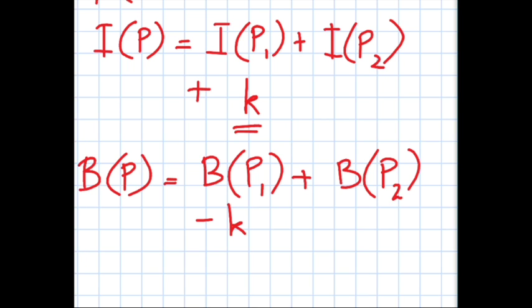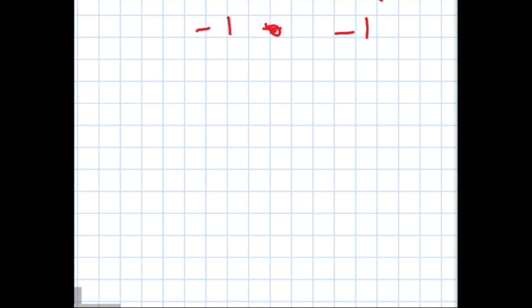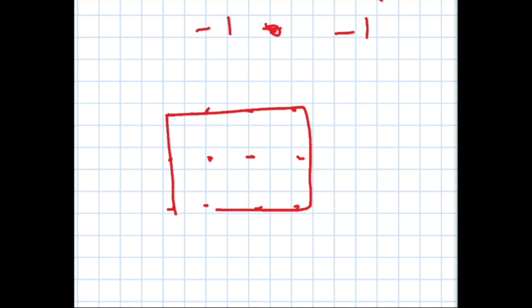The boundary of P2 also has k points, but we have two vertices points as well. So we'll take minus 1 here and then minus 1 here. To see this, let's say we have a rectangle like this and our diagonal is actually here, so k is equal to 0 here.